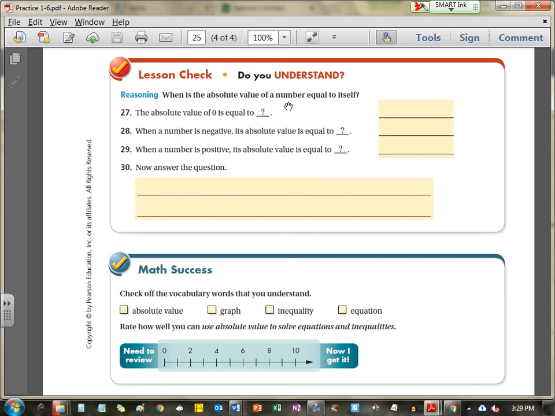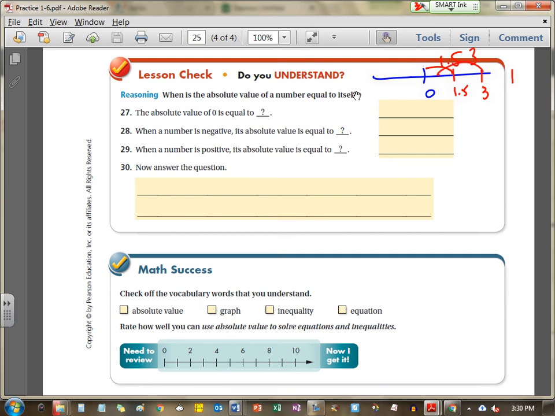When is the absolute value of a number equal to itself? So that would be like saying, where would you put something so that the distance is the same as the coordinate? And so basically it's kind of a trick question. If you go over here to like 1.5, the distance is 1.5, right? If you go over here to 3, the distance is 3.